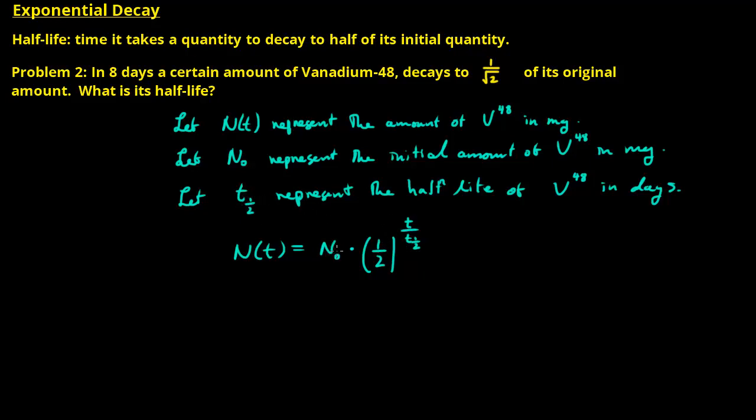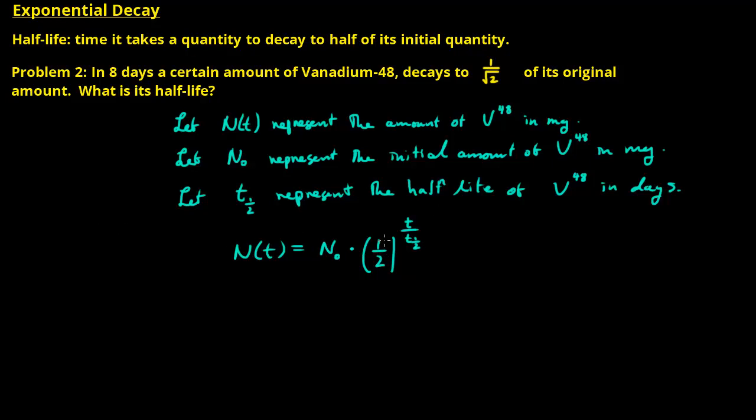So that means I'm going to do n subscript 0 times a half to the power of t over t subscript 1/2. This is actually a general equation for modeling the amount of a quantity that undergoes exponential decay if you know its half-life and you know the initial amount.